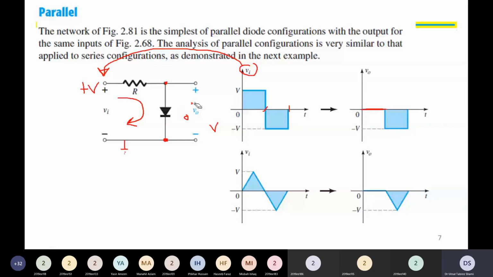This negative voltage will be applied from time t/2 to time t, so we have a negative input voltage, negative V. What will this negative V do to the circuit?